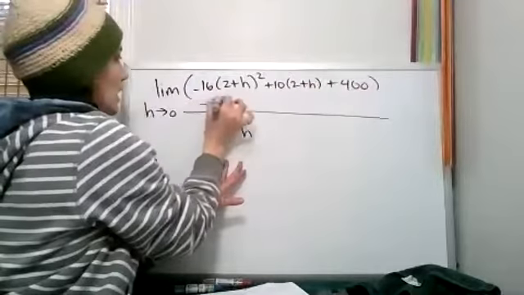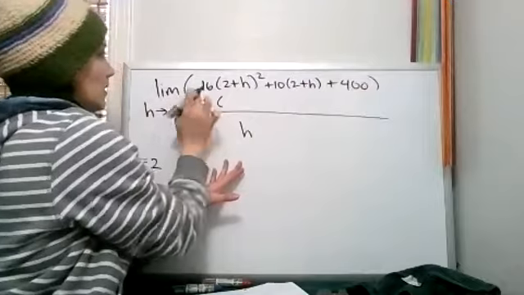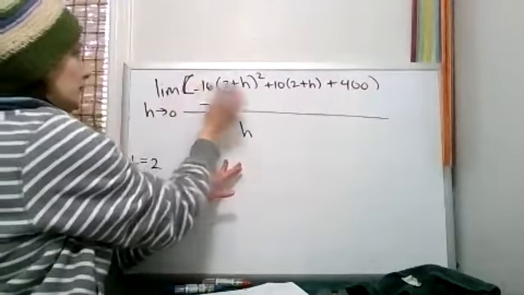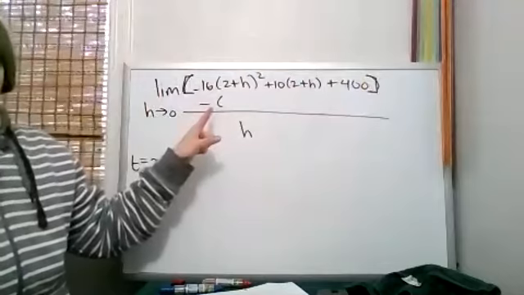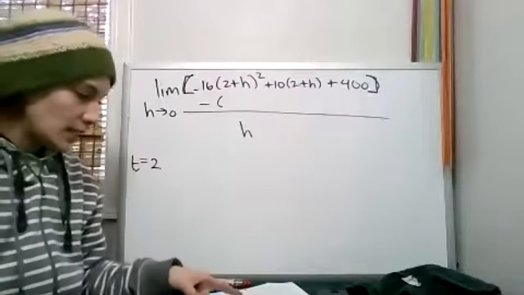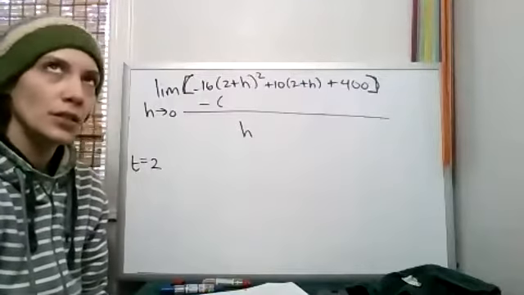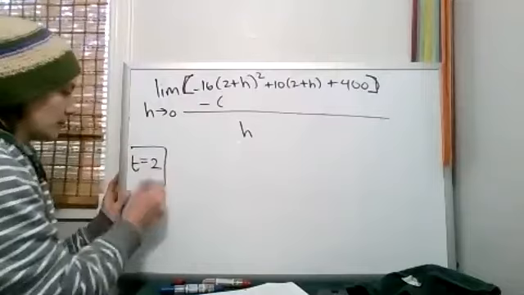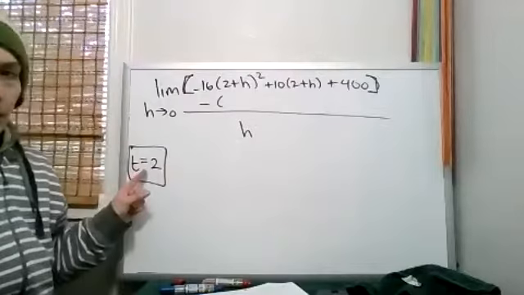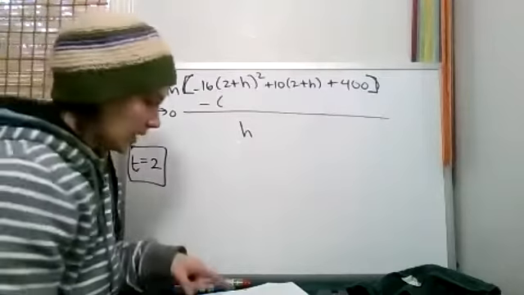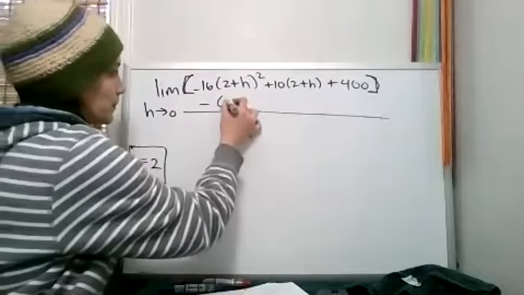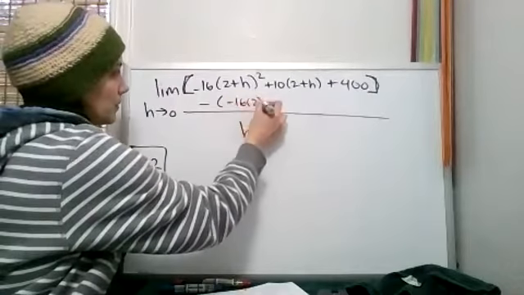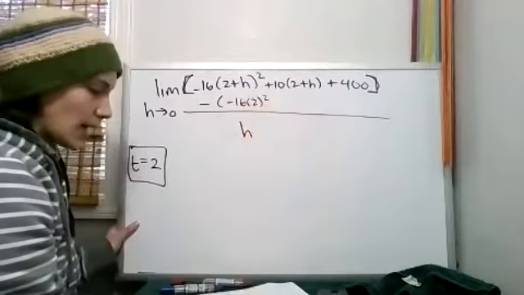Okay, subtract. Putting in 2 for a. So I've got negative 16 times 2 squared. Add 10 times 2.